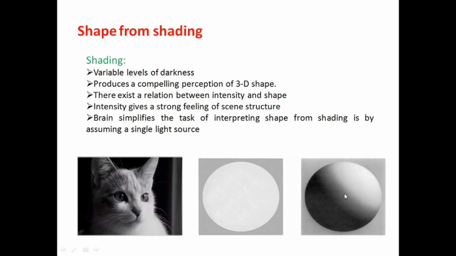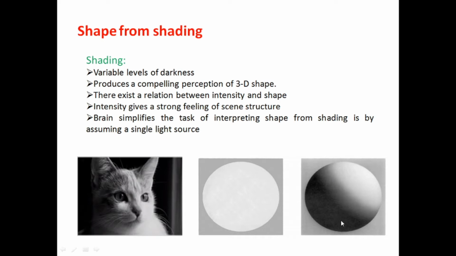Now, our brain is excellent here. By seeing this scene or this scene, our brain can easily interpret the shape or the structure from this image alone. What is present in this image is some kind of shading.